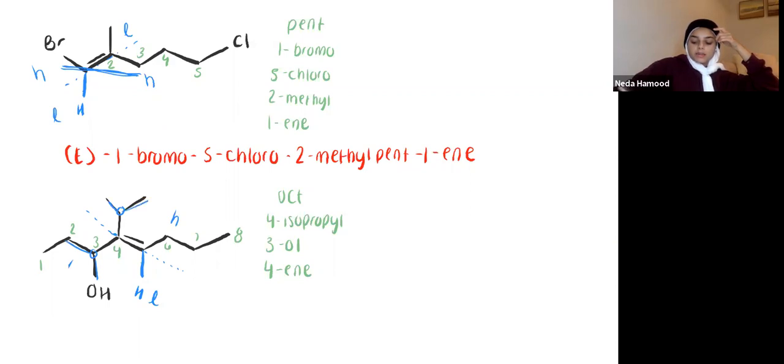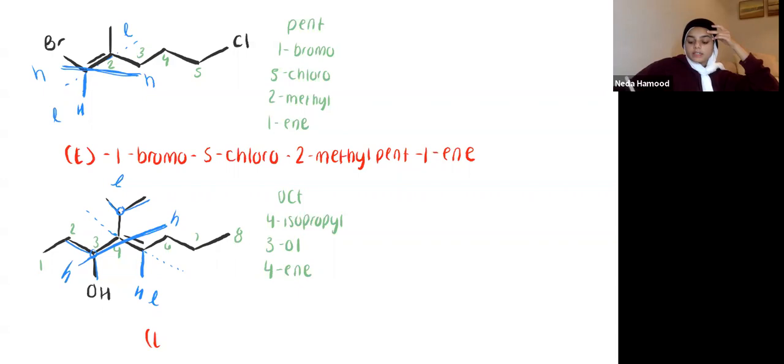So that means that this is going to be our higher priority group, and that this is going to be our lower priority group. I think Dowdy said it's better to do that, but both are technically correct, so I would just do it, I think. So then over here, we have, again, our higher priority groups on opposite sides.